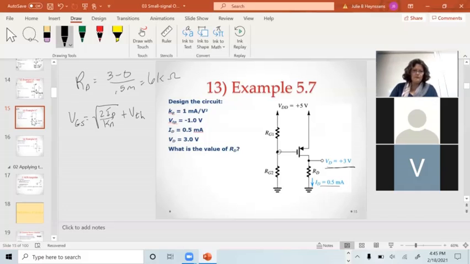It is 1. Plus V threshold is minus 1. We have to take the negative square root because this is a PMOS. So that would be minus 1, it would be minus 2. Okay, so that would be minus 2 volts.